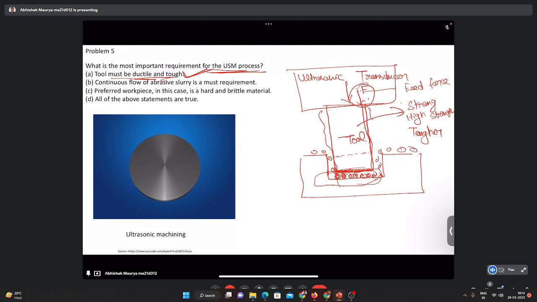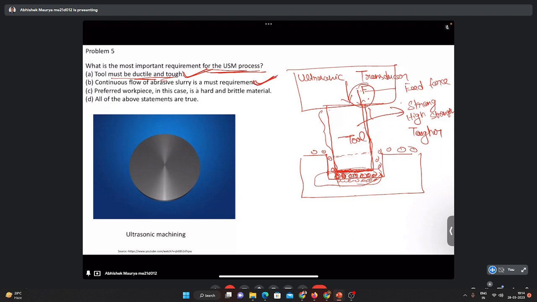The abrasive particles which have already been used need to be taken away, as well as the material which has been removed from the workpiece. For this purpose, we need to keep on supplying the slurry continuously. So this statement is also correct.